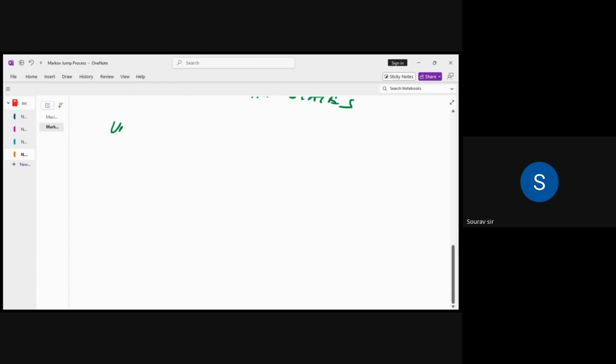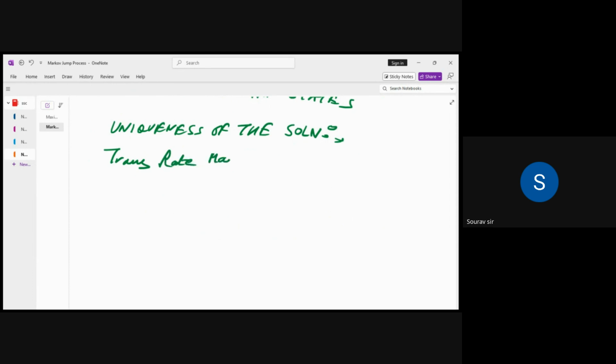Now there is a uniqueness of this solution, as you have done that there are three types. So here also you will get some uniqueness of the solution. What is that? Given the transition rate matrix, that is u_ij, the Kolmogorov forward differential equation will have a unique solution.